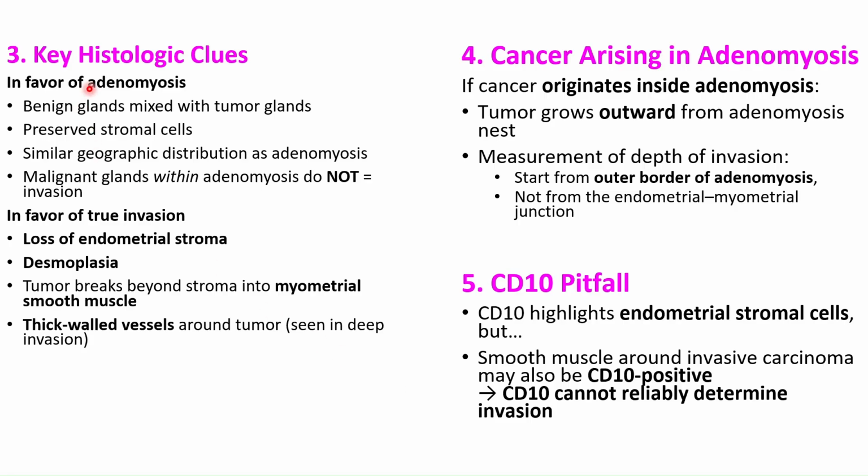So, as we have discussed, for adenomyosis we have to see preserved stromal cells. But if cancer is arising in adenomyosis, the tumor grows outward from the adenomyosis, right?